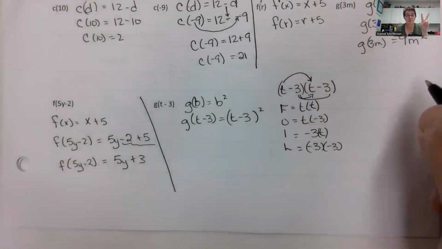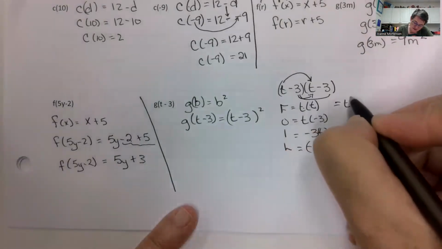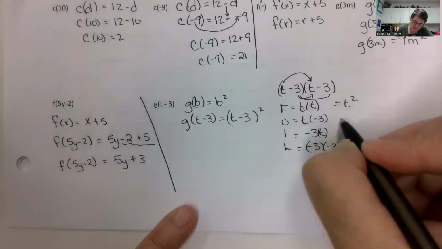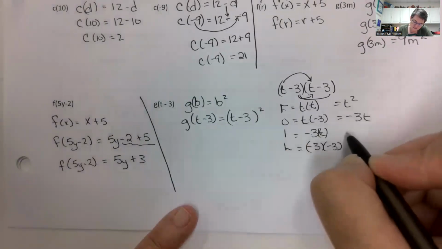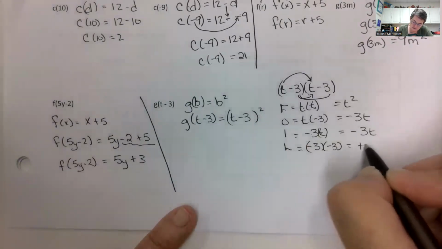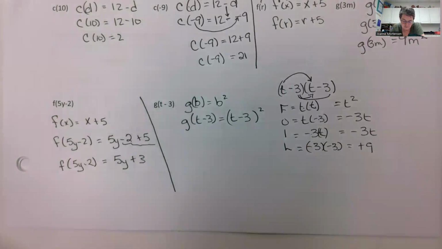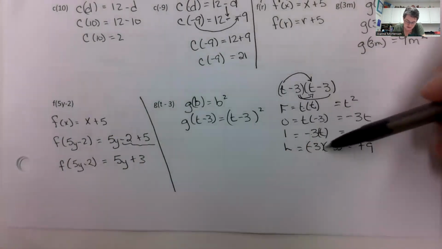Organize. Multiply. So T times T is T squared. T times minus 3 is minus 3t. Minus 3 times T is minus 3t. And plus 9. So just want to double check because I've got those negatives in there. So there's a negative and a negative. I think we're good.